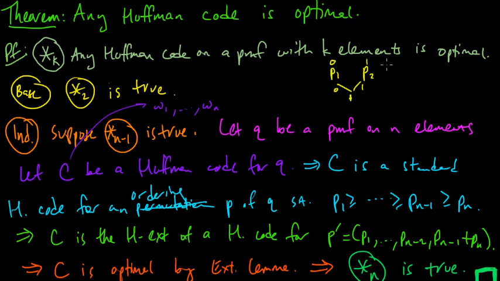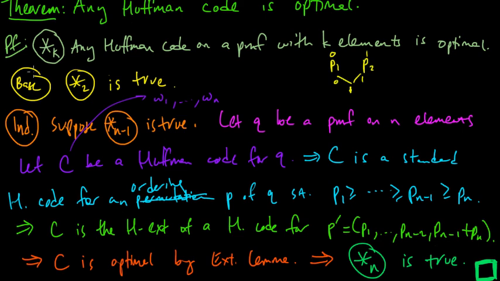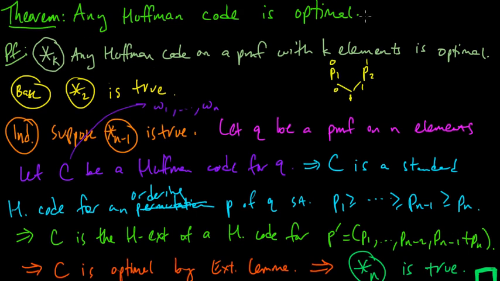All right, so that completes our long awaited proof of the optimality of Huffman codes. Let me make a couple of brief remarks. One is to take this result with a grain of salt.